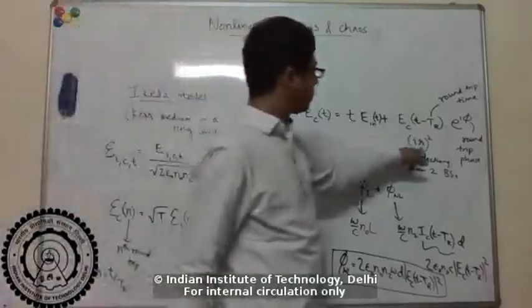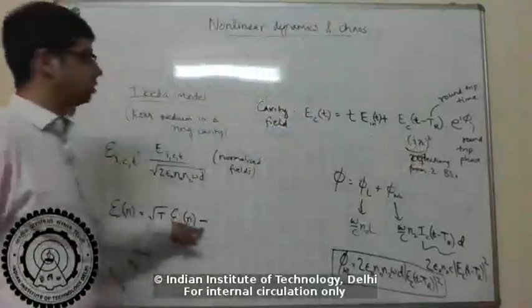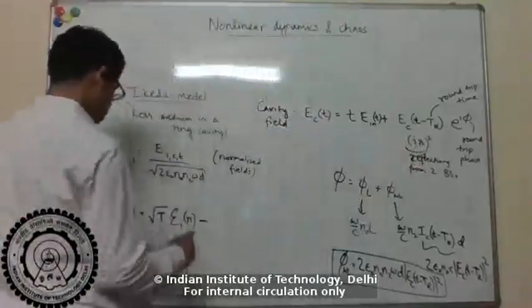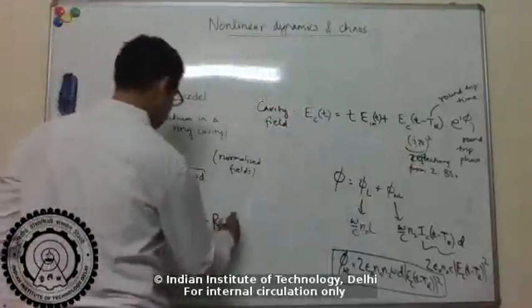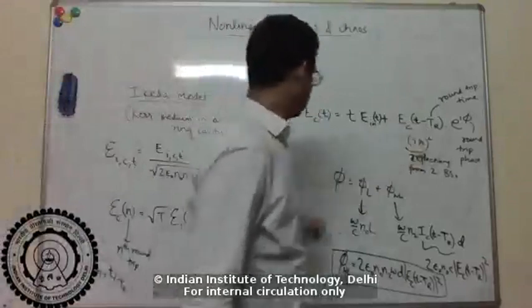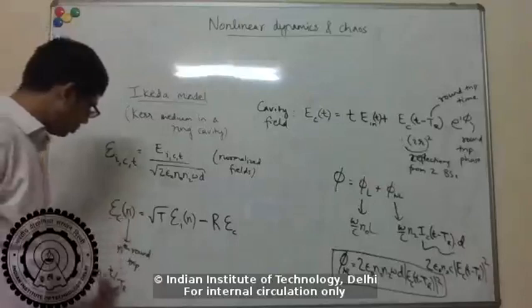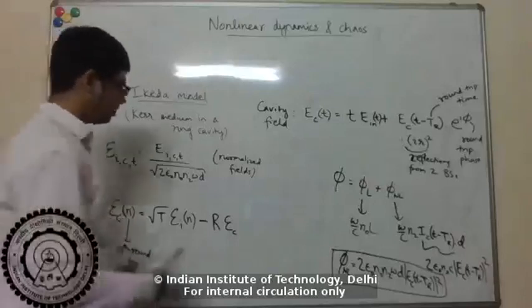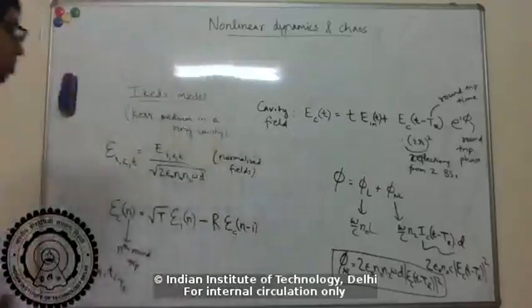And for the second term, this i squared will give me a minus sign. That's the minus sign here. And then I have EC of t minus tr. So in the time units of per round trip, that's n minus 1, the previous round trip.